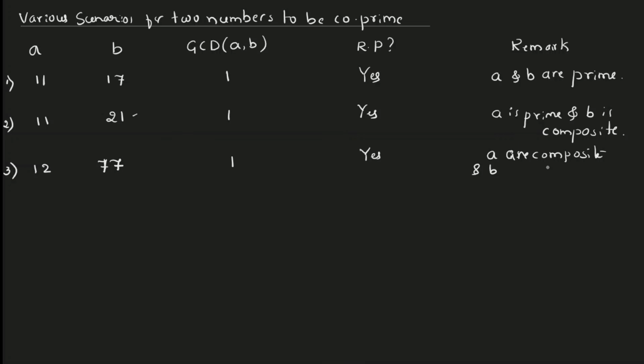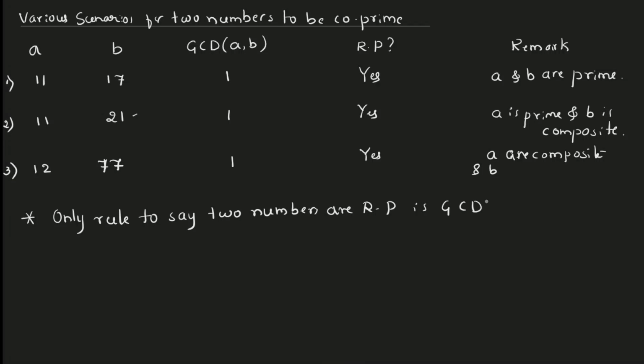So from this, what you can observe is that the only rule to say two numbers are co-prime, are relatively prime, is that their GCD must be equal to 1. That is the only condition.